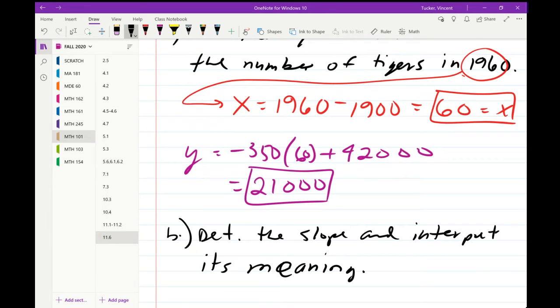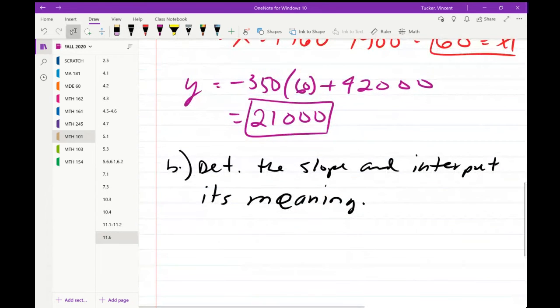All right, so next one, determine the slope and interpret its meaning. Your slope is always what's sitting in front of your x. So your slope is negative 350.